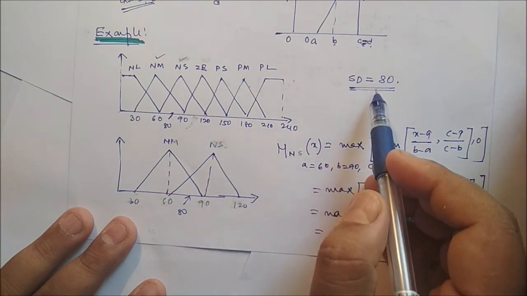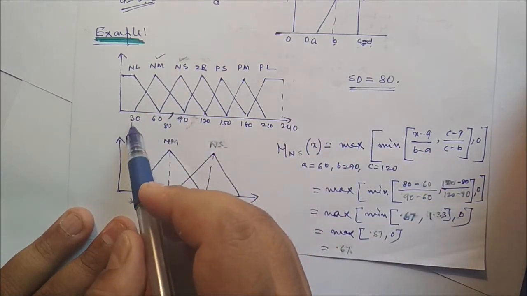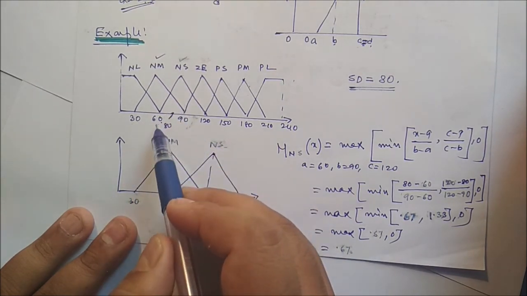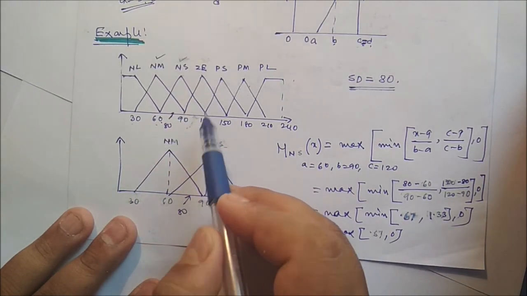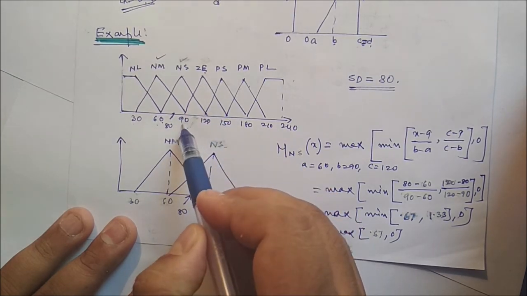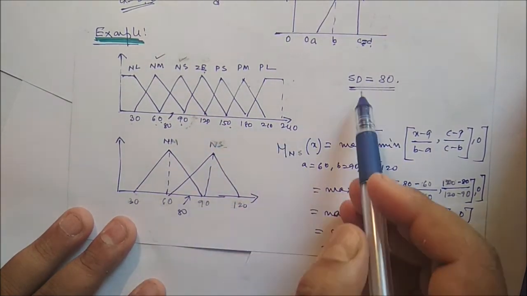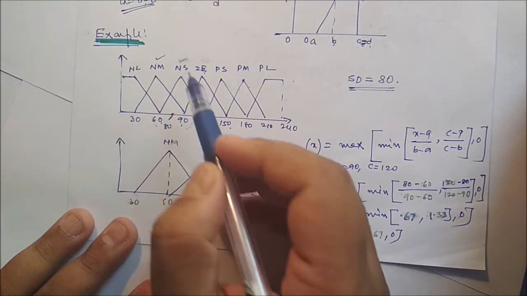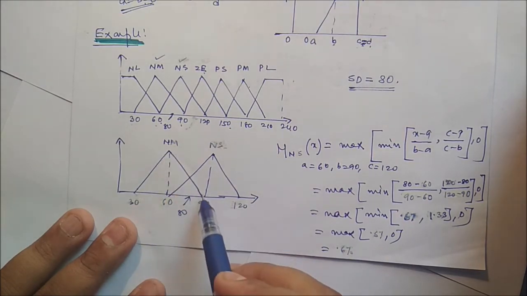How to know this? So you can see here the NM is in between 30 to 60, NS is in between 60 to 120, Z is 90 to 150 and so on. SD is somewhere here. That means we have to consider only NM and NS.